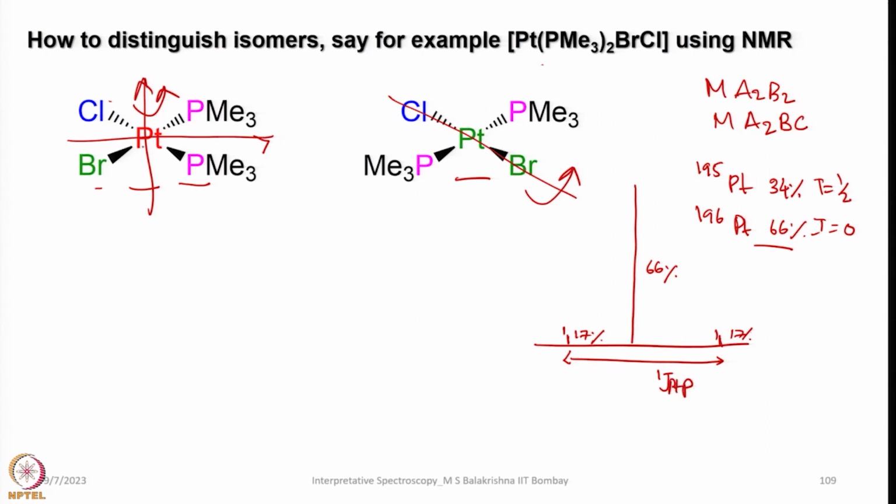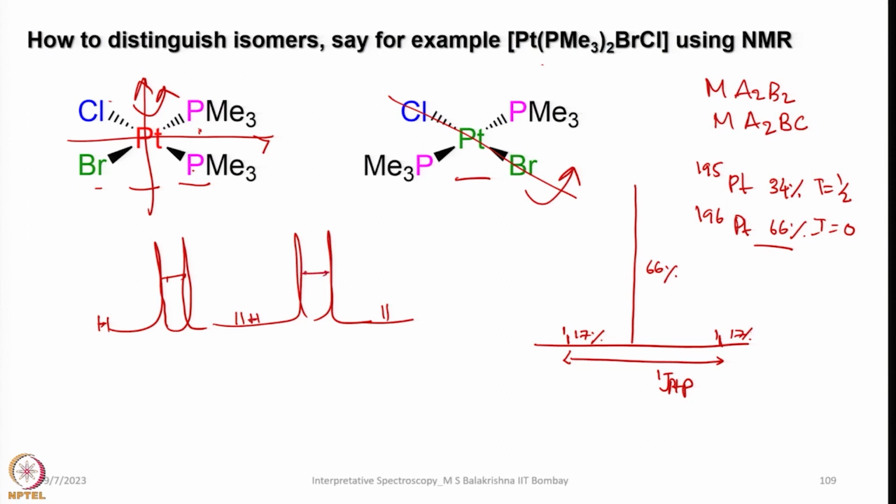On the other hand, when we look into the cis one, we will get two signals here, and because of the difference in their chemical and magnetic behavior, each splits into a doublet. So you get a doublet here and a doublet here, one for each phosphorus. Platinum also splits each into a further doublet, something like this, very similar to here. This spacing is the same as this spacing, and this spacing is the same as this spacing.